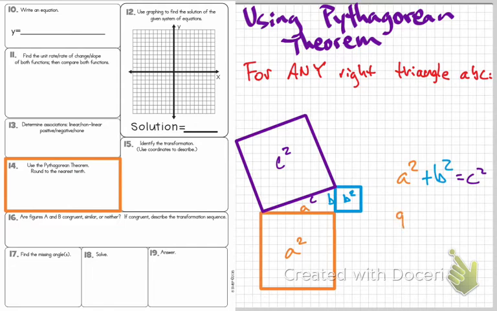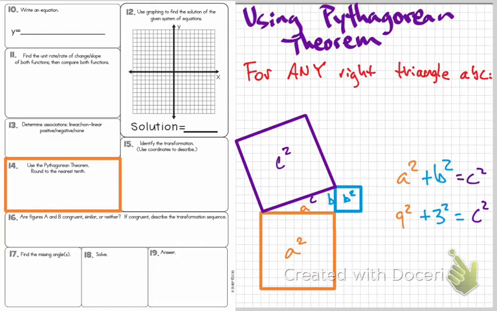And I could also count and see that the blue side is going to equal 3, but I can't count that purple side because it's going at an angle. So that would tell me I have an unknown side. Well, I can use the Pythagorean theorem that says that A squared plus B squared is going to equal C squared. So I can simply write this out: 9 squared plus 3 squared must equal C squared, according to the Pythagorean theorem.